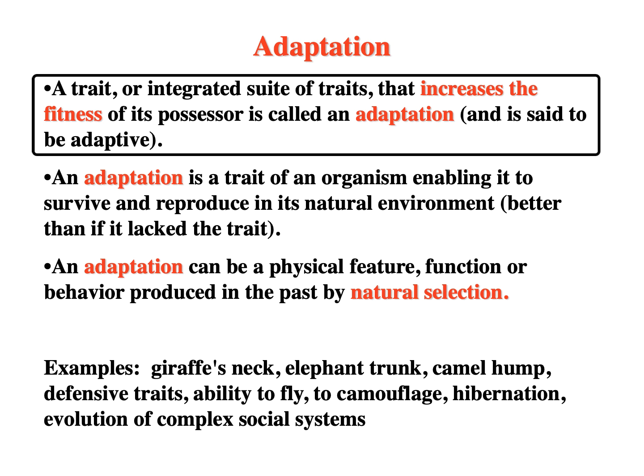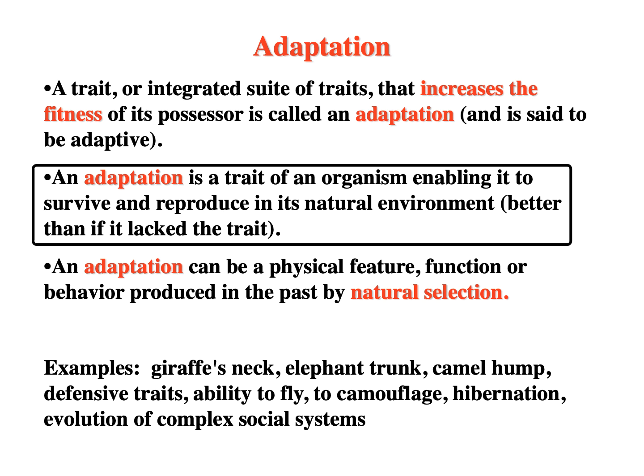Adaptation includes a trait or integrated suite of traits that increases the fitness of the organism in a process called adaptation. So adaptation is a trait of an organism enabling it to survive or reproduce in its current natural environment, usually better than if it lacked the trait.